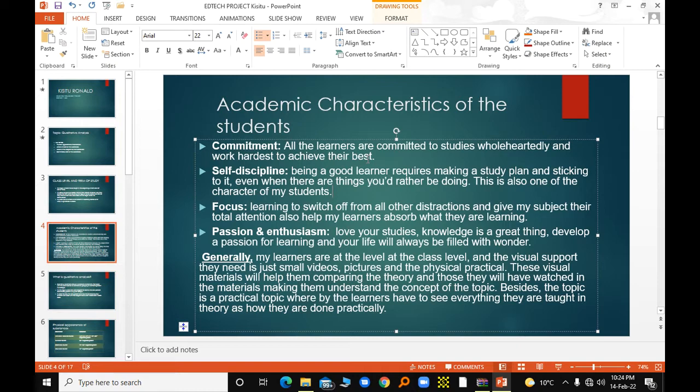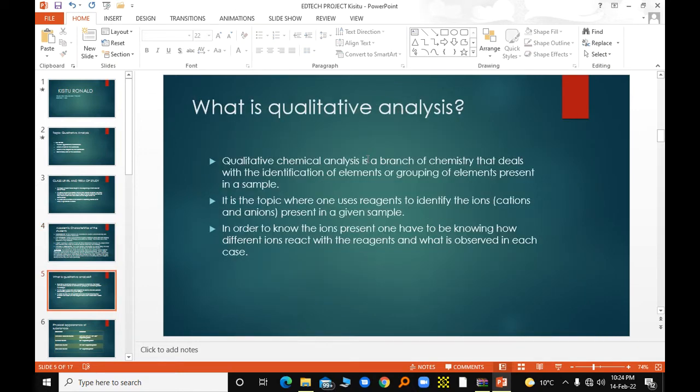So we are going to be looking at how the precipitates form and what the color of the cations is. They have to see all of them with their eyes in order to better understand the concept behind.